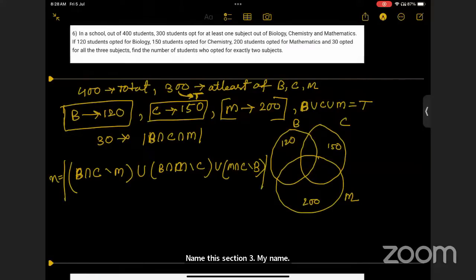This cardinality we need, right? So this is our aim. That means if we draw the picture here, this will be this, right? We need to find this area.